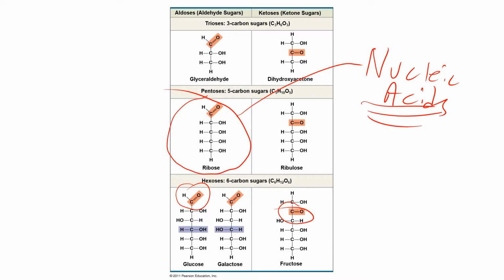When you compare glucose and galactose, they're both aldoses, but the spatial arrangement of their OH group differs. When you compare galactose and fructose, you're comparing an aldose and a ketose sugar, and also an alteration in the OH group as well.